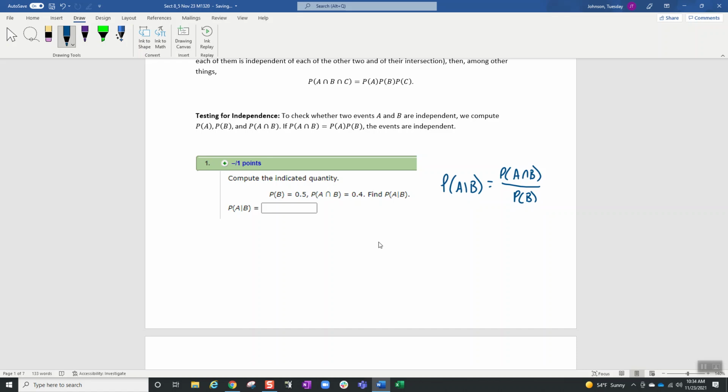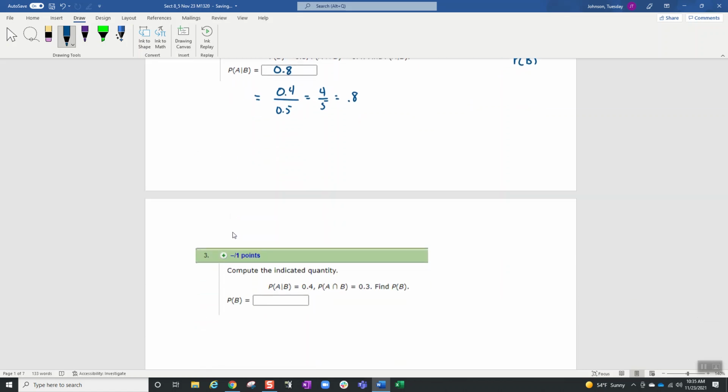The intersection of the two is always your numerator. Multiply both of these by 10, and we get 4/5, or 0.8. They gave me the values as decimals, so I'm going to answer as decimals as long as my decimals terminate, right? We don't want them repeating.